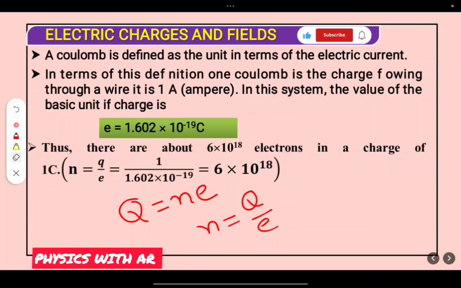By substituting, N equals 1 by 1.602 into 10 to the power of minus 19, which gives about 6 into 10 to the power of 18. So here, with Q equals 1 coulomb, we obtain N equals Q by E by substituting these values.